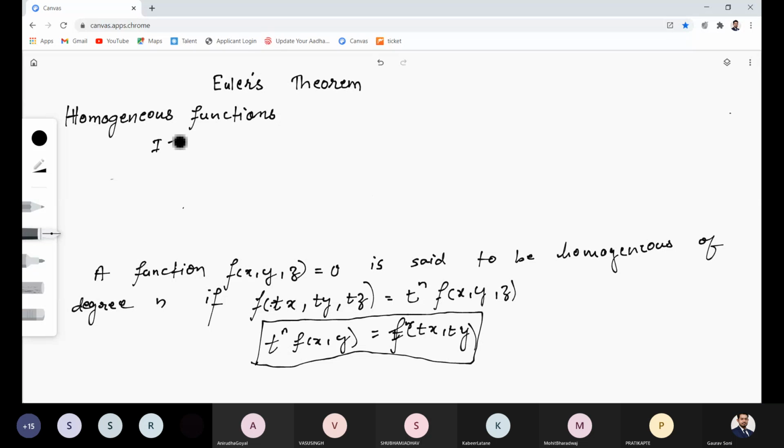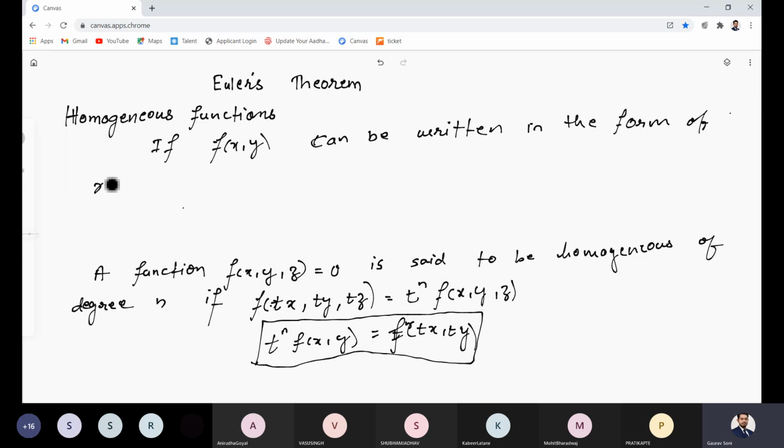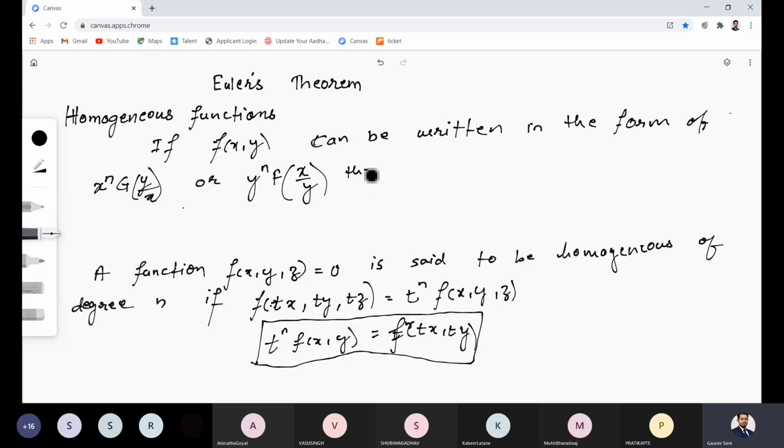So if f of x comma y can be written in the form of x raised to n g of y by x, or y raised to n capital F of x by y, then f of x comma y is homogeneous of degree n.